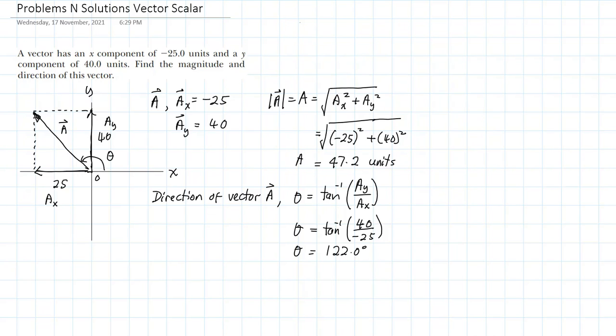So the magnitude and direction of this vector A is 47.2 units, comma, 122.0 degrees direction angle. So this is the answer.